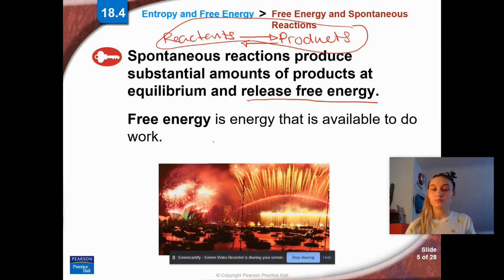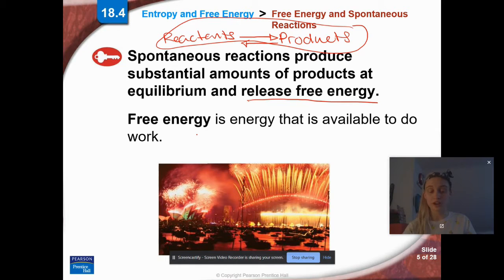But basically, the spontaneous and non-spontaneous reactions can be coupled if the spontaneous reaction gives off enough energy to the non-spontaneous reaction for the non-spontaneous reaction to occur.